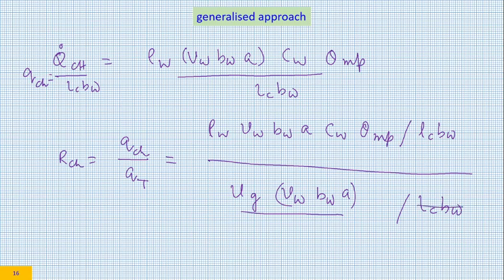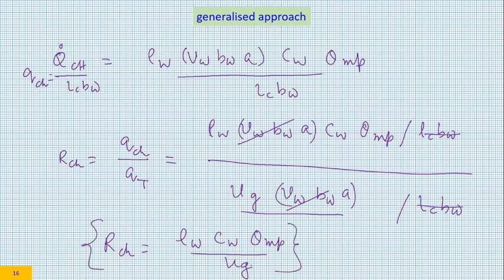So this cancels out. These two terms cancel out, and you end up with RCH equal to rho W CW into theta MP divided by UG. So we have an expression for RCH. This is the upper bound analytical solution, assuming how much maximum heat the chip can take away.